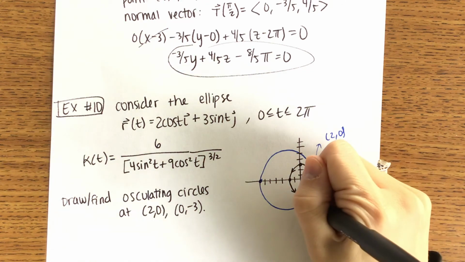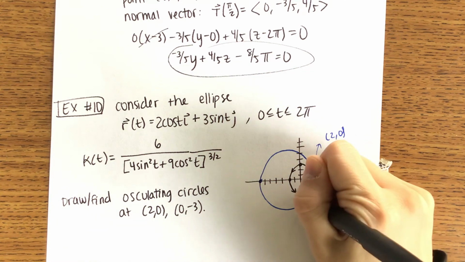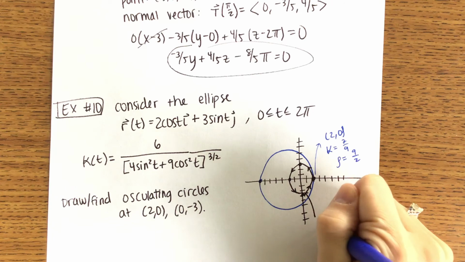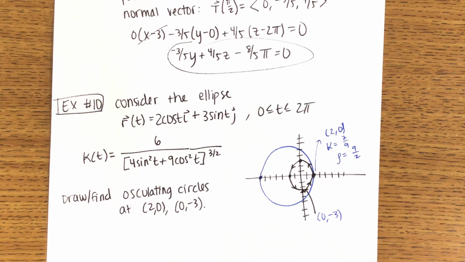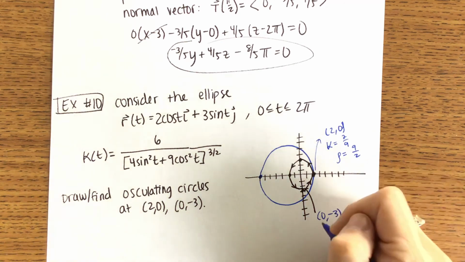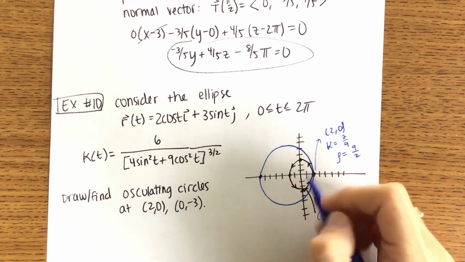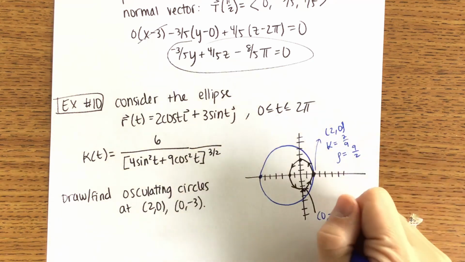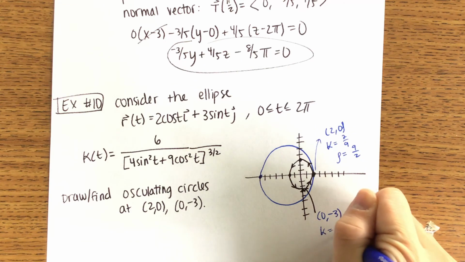The other one we were looking at was (0, -3), so that point right there. That's really t equals 3 pi over 2. If you plug 3 pi over 2 in there, I will tell you that the curvature ends up being 3/4.